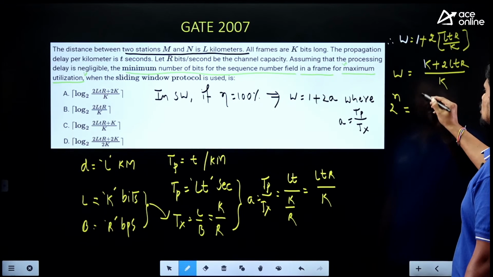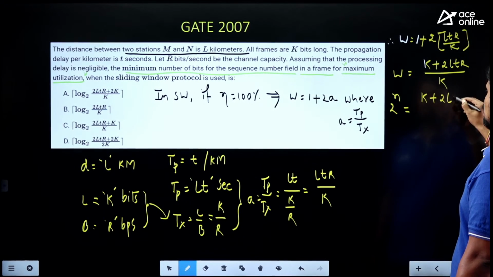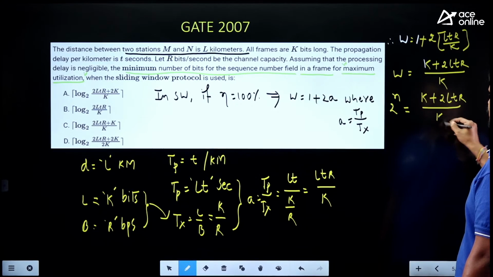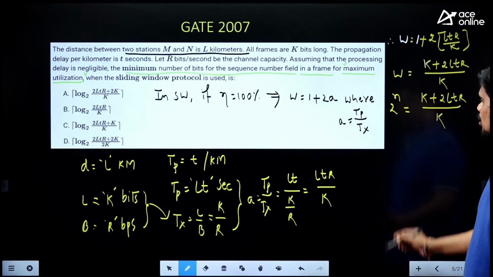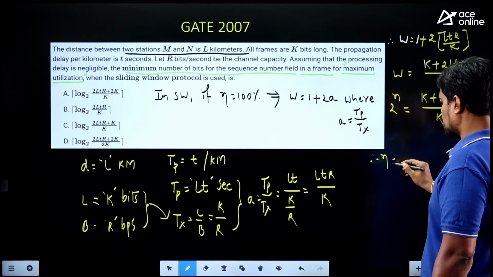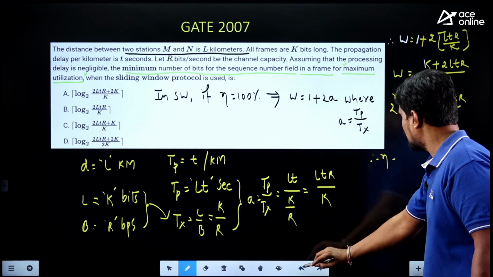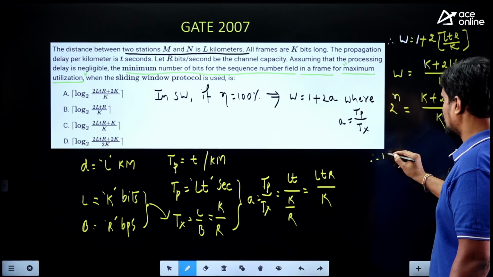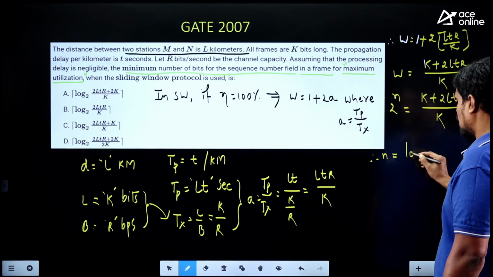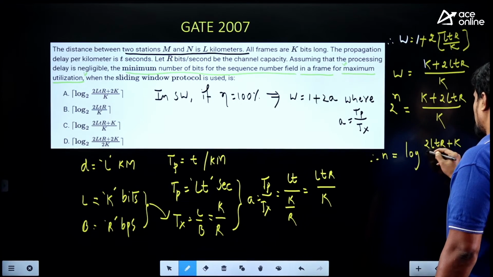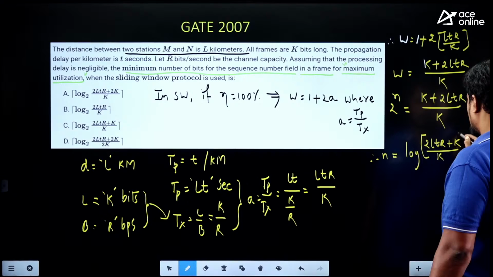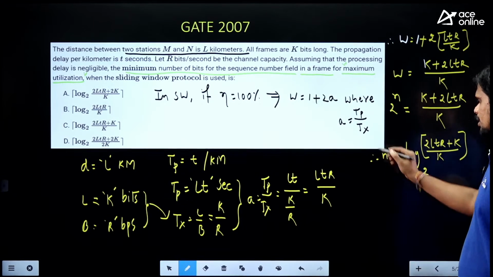So 2 power n is equal to (K plus 2LTR) by K, where n is the number of bits in the frame sequence number field. Therefore, n is equal to log base 2 of ((2LTR plus K) by K). This is the value of n.